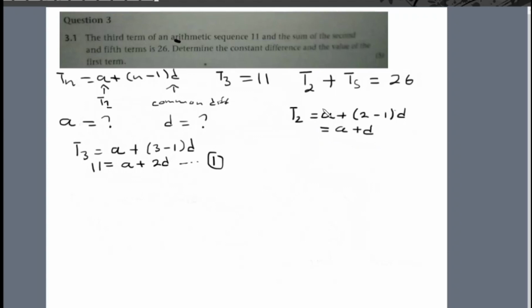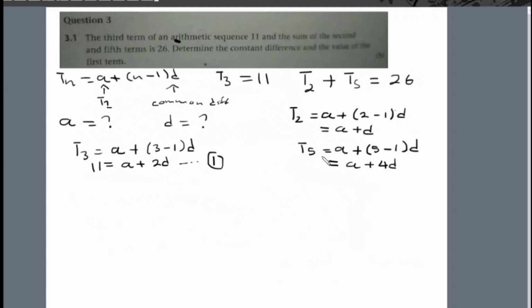So T2 it's a plus d, right? And then T5, as in calculator, substitute 5 where we see n in the formula of our general term. So it's a plus, where we see n we put 5, so 5 minus 1 times d. So it's a plus 5 minus 1 is 4 times d, it's 4d, right?